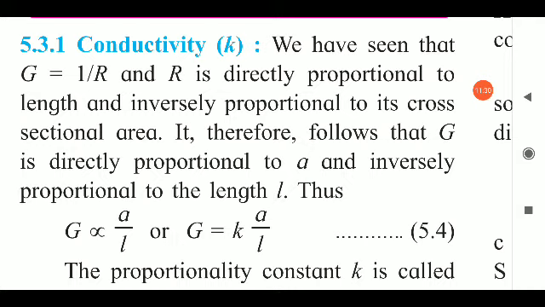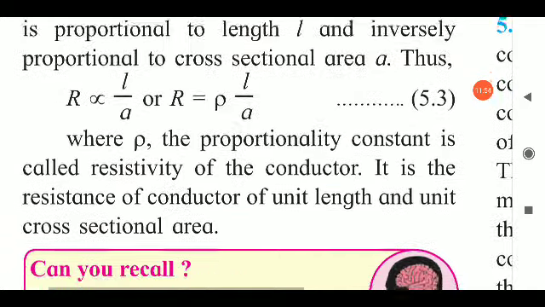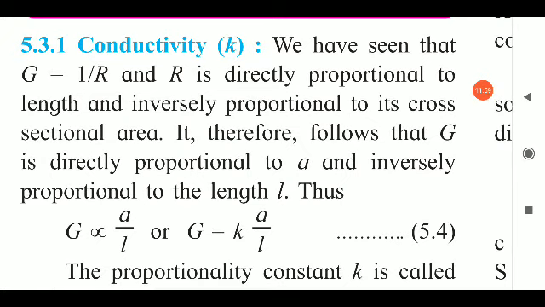It therefore follows that G is directly proportional to the area A and inversely proportional to the length L. So here the equation becomes G is inversely proportional to L and directly proportional to A. Why does this happen? Because R is proportional to L upon A, but here to calculate the conductance we have made the relation G is equal to 1 upon R. So all the factors become inverted.